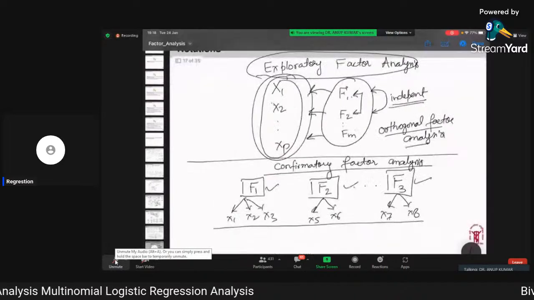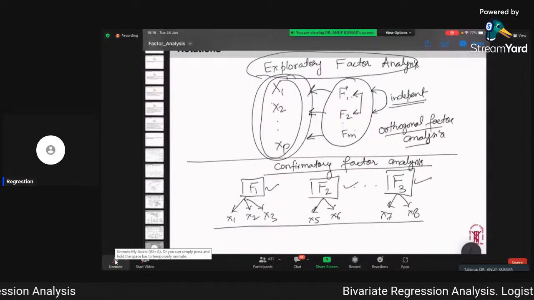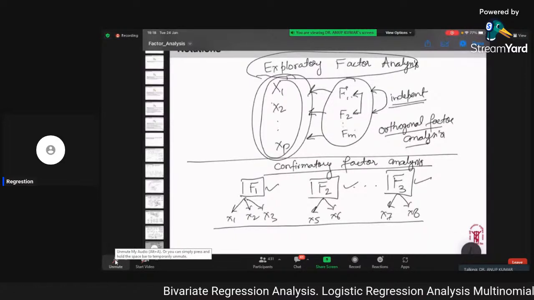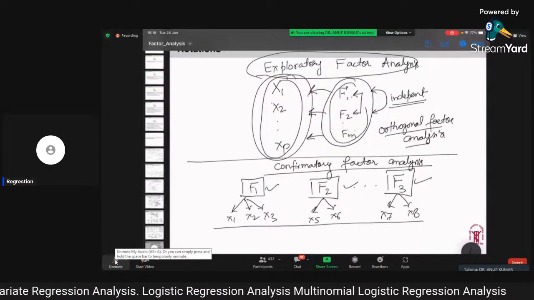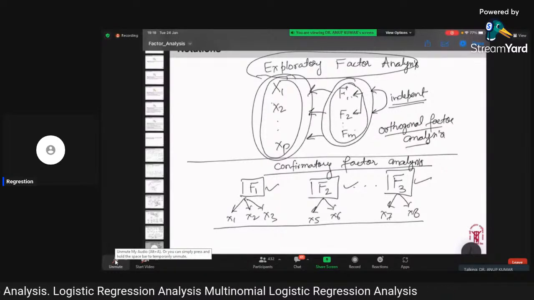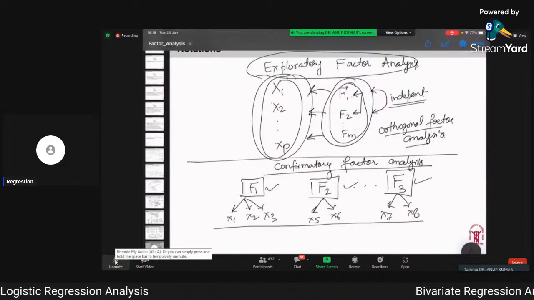Now, what is exploratory factor analysis? We have some observed x1, x2, up to xp, and with the help of these, I don't know how many unobservable quantities there are. I am exploring the unobservable quantities. This is termed exploratory factor analysis.